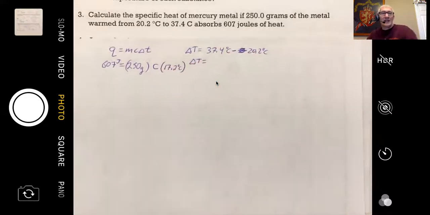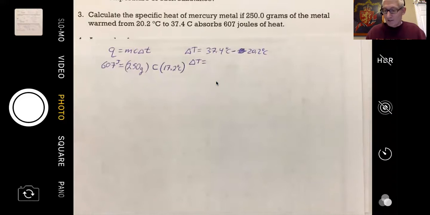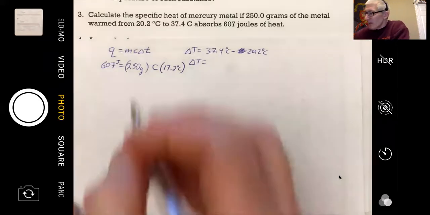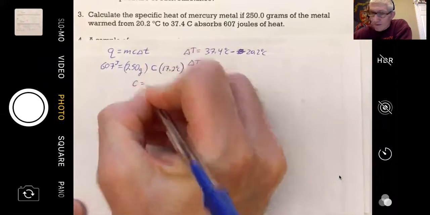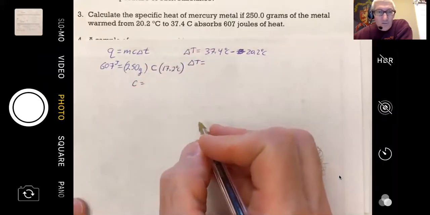I'm going to go ahead then and do a little bit of mathing on my calculator. So bear with me for just a second. And so at this point, I'm going to take 607 and divide it by 250, and then divide it again by 17.2. And if I've done my math right, you end up with 0.141.